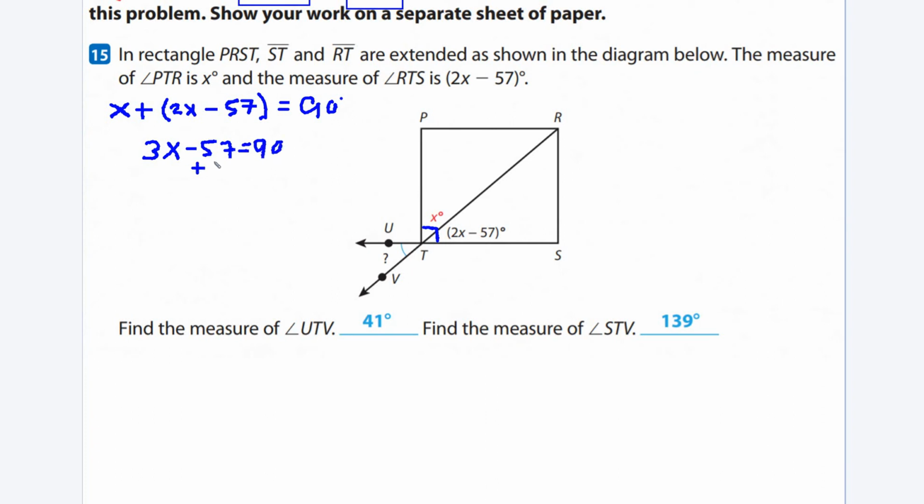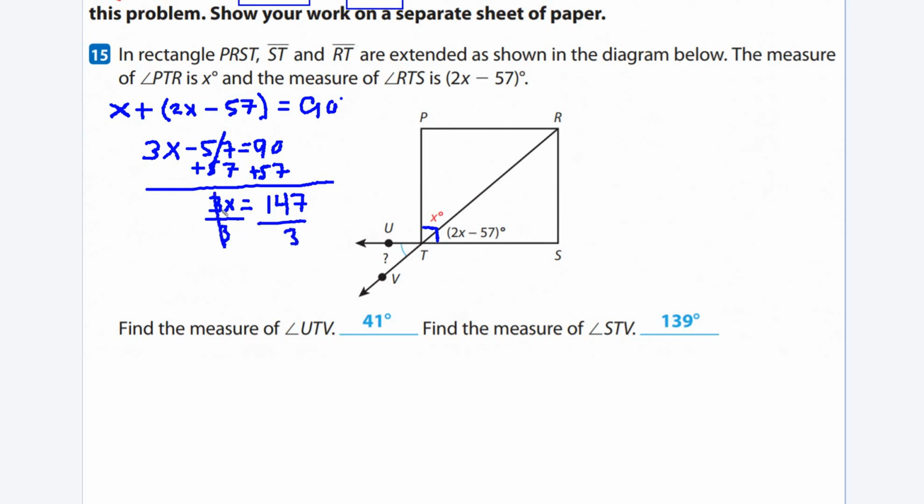Let's get rid of the constant first. The inverse operation of minus is add. Add 57 to both sides of the equation, and now you have 147, and this is 3x. Okay, now you're going to divide by 3 on both sides of the equation.